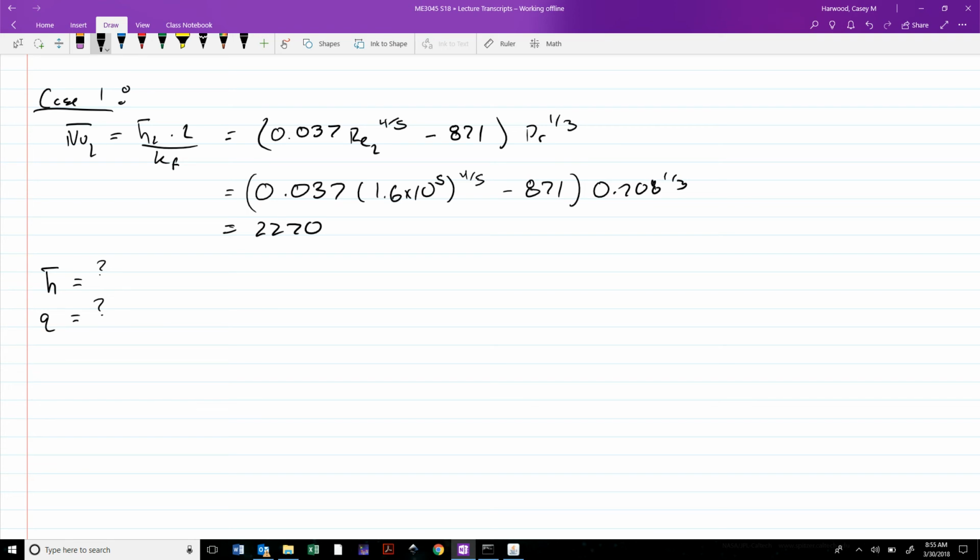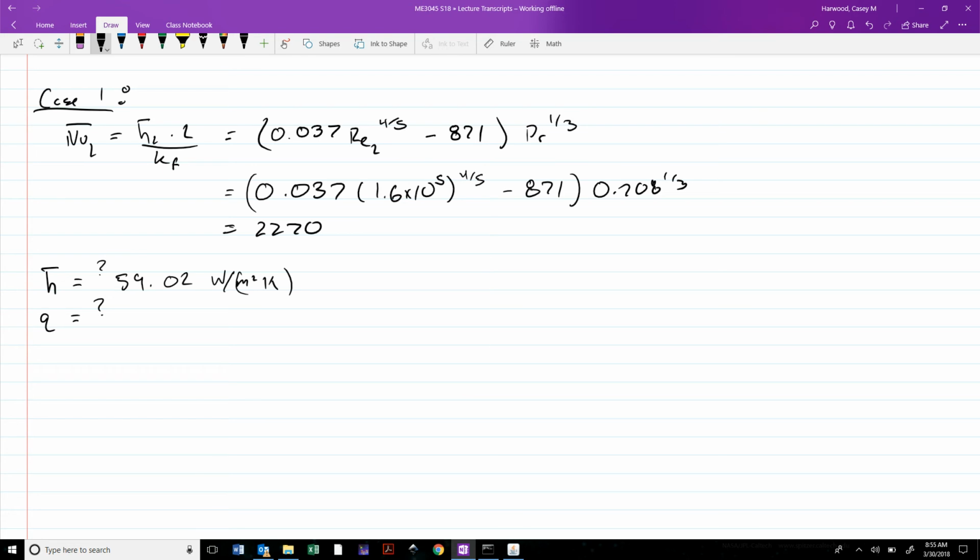I think I rounded something off here. So 59.02 watts per meter squared Kelvin. For those of you that were struggling on that, just remember the definition of the Nusselt number.